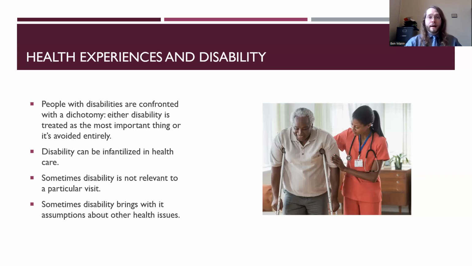For example, I've talked to interviewees who are both autistic and have Ehlers-Danlos syndrome, and oftentimes EDS is the issue or topic that they want to address with the doctor, not autism. That's not on the docket. But the doctors oftentimes might choose to talk about autism instead. So the challenges of healthcare and disability are in many ways related to trying to understand and prioritize needs in an affirming way.